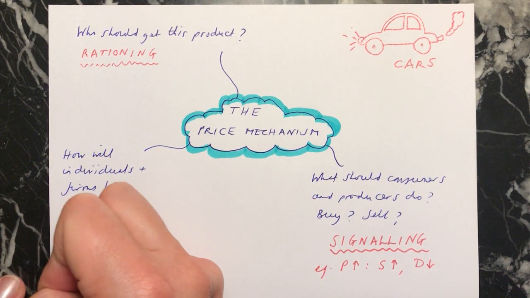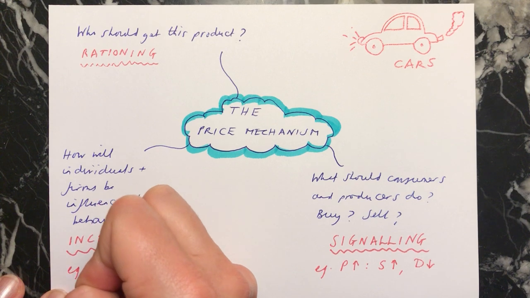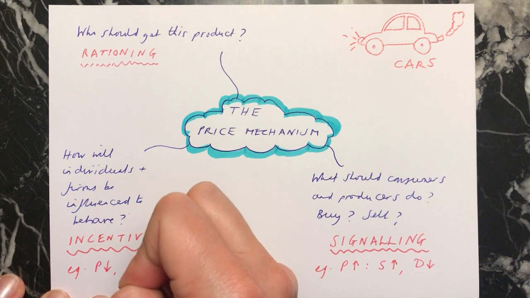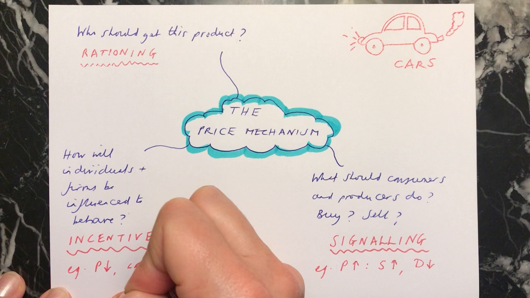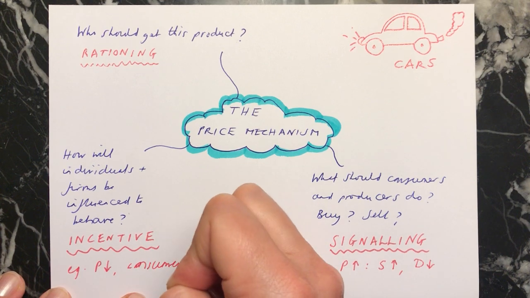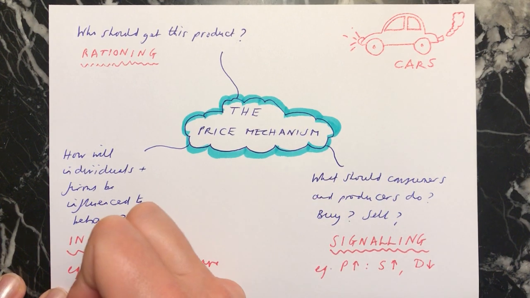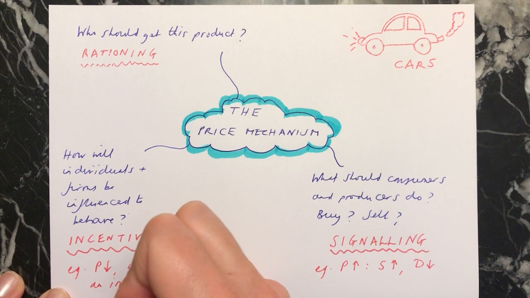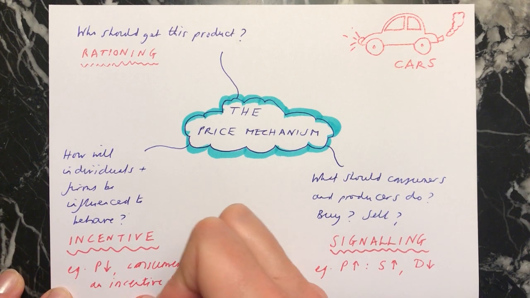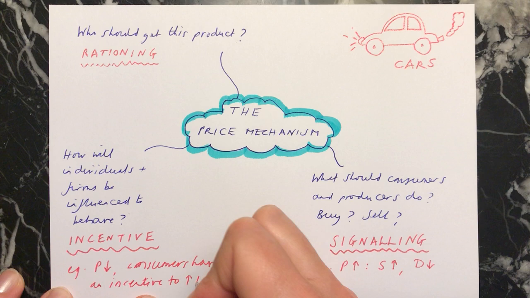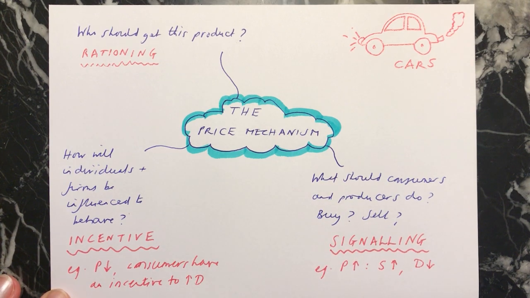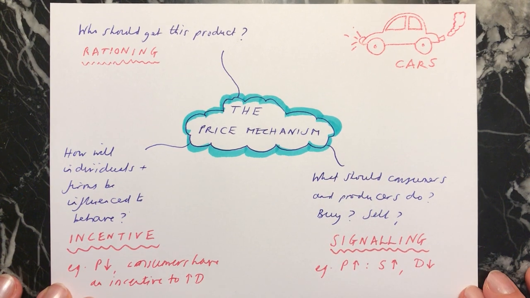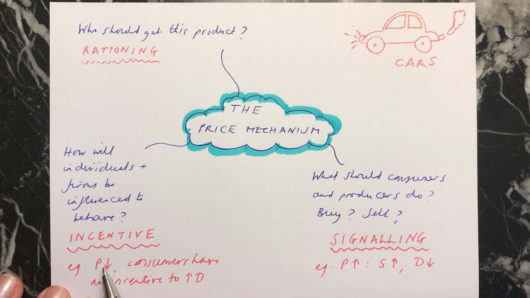So for example, if the price of something goes down, consumers have an incentive to buy more. And that's because the product is now cheaper. So they have an incentive to buy more because it's now cheaper.